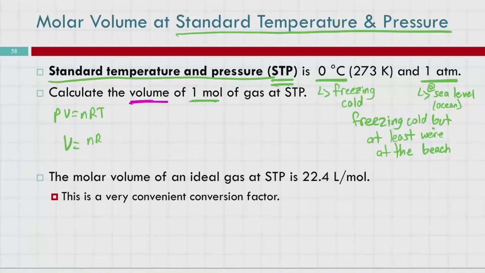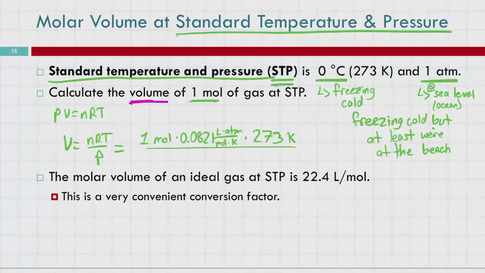V equals nRT over P. Our number of moles is 1 mole. R is always the same thing. The temperature is 273 Kelvin, and the pressure is 1 atmosphere.